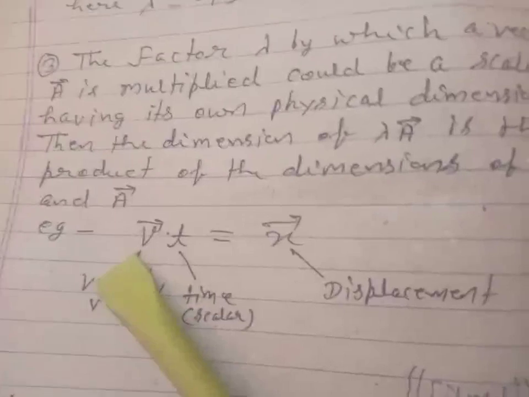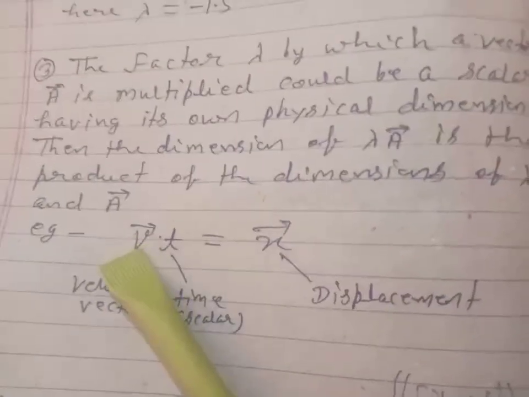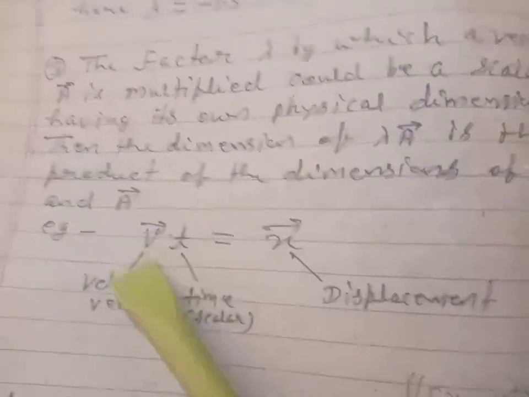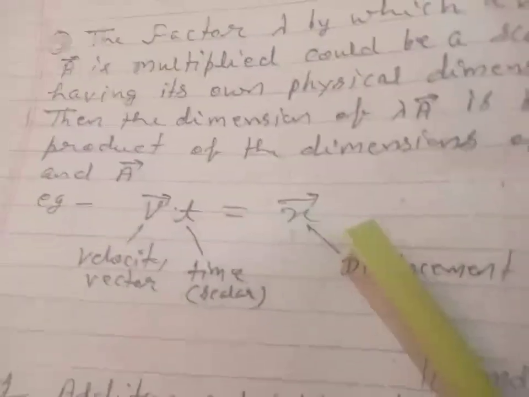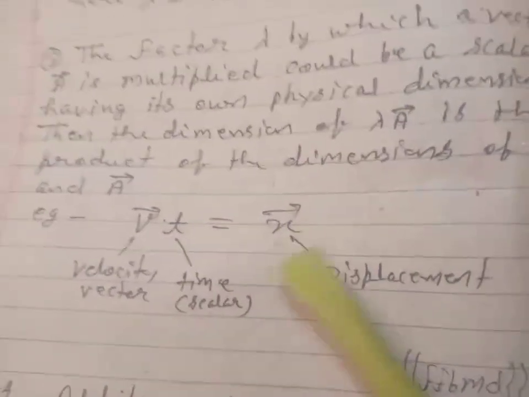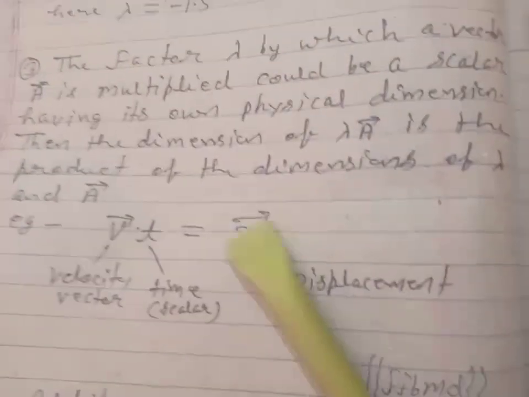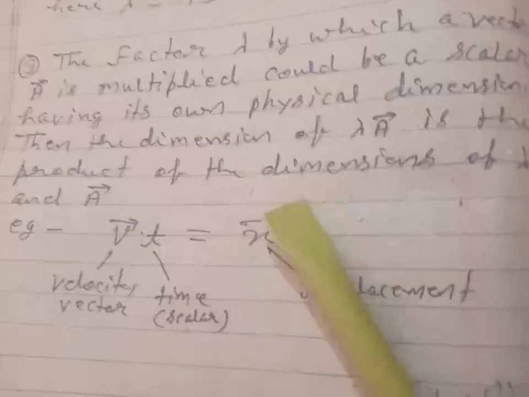In dimensional analysis, if we write the dimension of velocity and the dimension of time and multiply them, we will get the dimension of displacement, that is distance. So it is also said that if any vector is multiplied with a scalar or number, then the dimension is also multiplied with that vector.